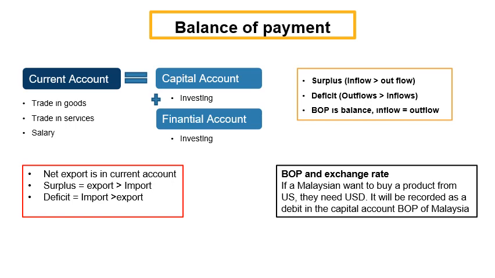For example, if I buy a computer from Thailand, it will be recorded in the current account of Malaysia's balance of payment as a debit, and at the same time it will be recorded in the current account of Thailand's balance of payment as a credit.